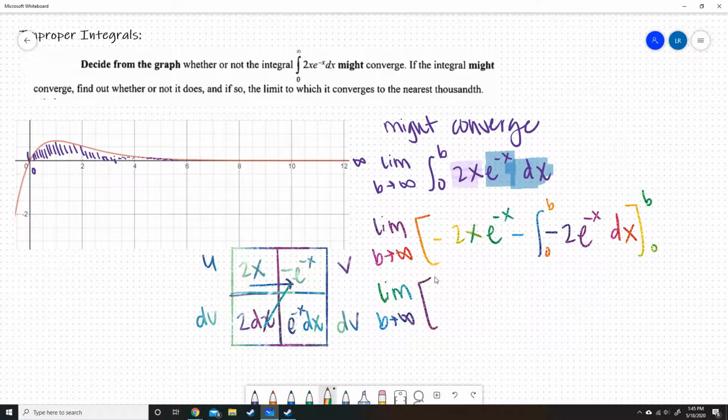Again, I'm going to pull down this notation here. This is going to become negative 2x e to the negative x. A negative and a negative makes a plus, but then I'm actually going to do the integral, which then makes it a negative 2e to the negative x, and we're going to integrate from 0 to b.